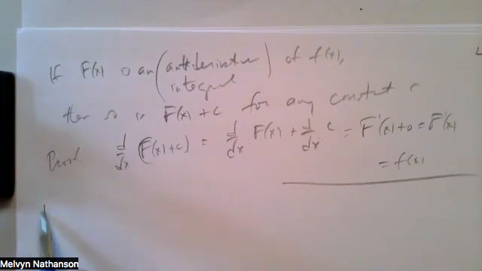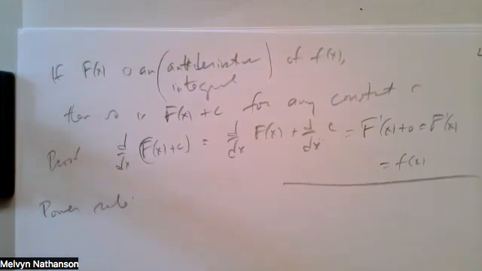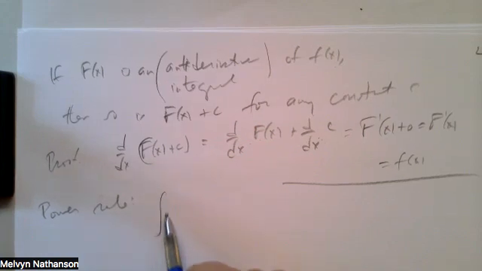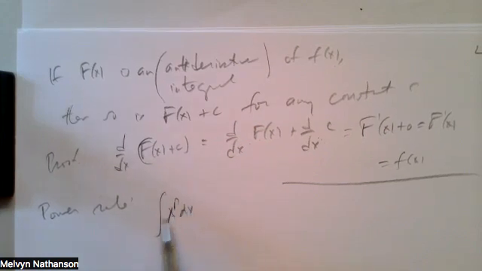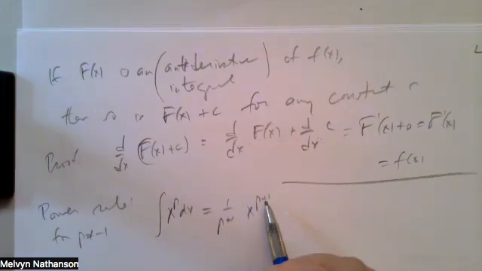Let me just repeat what is often called the power rule. I'll use the notation of the text. The integral of x to the p dx for the power p not equal to minus 1 is 1 over p plus 1, x to the p plus 1, plus a constant, for any constant.